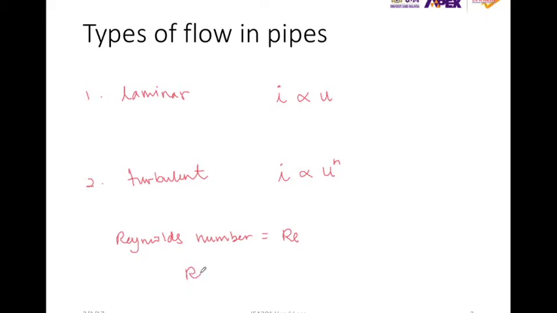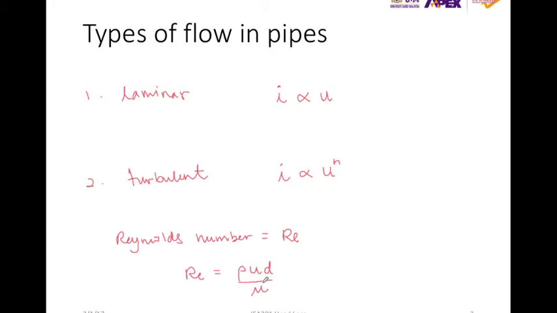Now Re is equal to rho U d over mu, where rho is density of the fluid, in this case water, U is the mean velocity of the water, d is the diameter of the pipe, and mu is the viscosity of the water.